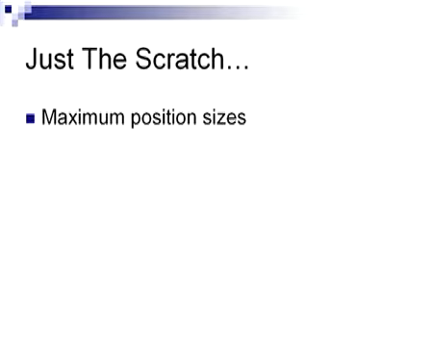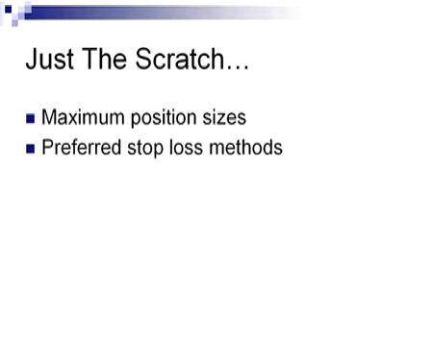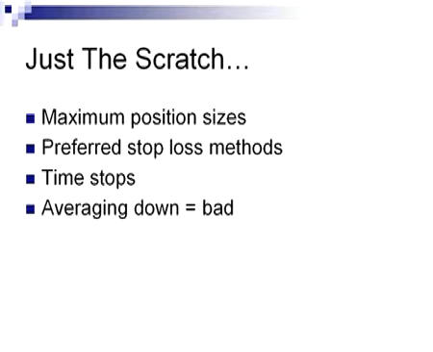So the things that we didn't really get to talk on in great deal were maximum positions. We've got preferred stop-loss methods. I touched on that briefly. I use one called the lowest low stop, which I think is most effective. We didn't talk about time stops. So what happens when the share just shifts sideways? Is there a point at which you decide to exit? Averaging down, and why I think averaging down is bad.